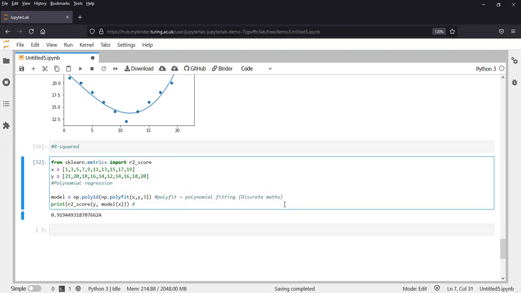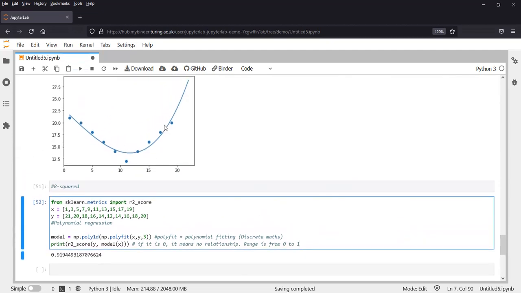If it prints 0, it means no relationship, because the range is from 0 to 1. 1 is a good relationship, and 0 is bad, meaning there's no relationship. If the number is close to 1, it means we can predict numbers, like future values, here.